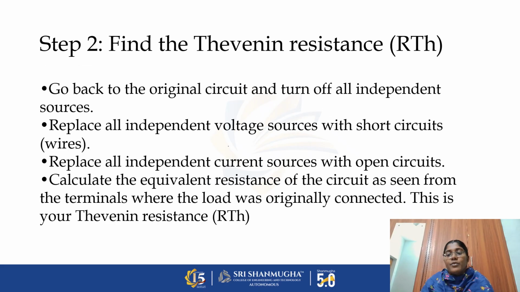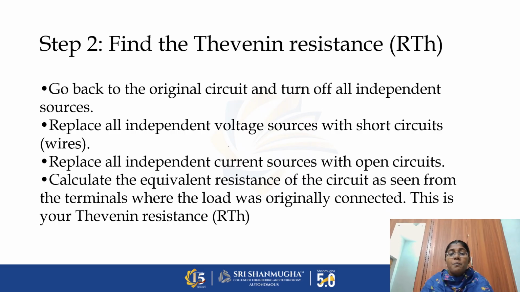The next one is we need to find the Thevenin's resistance. So we have to go back to the original circuit and turn off all the independent sources. If it is a voltage source, we have to remove it and short circuit the remaining terminals with wires, and replace all the independent current sources with open circuits.